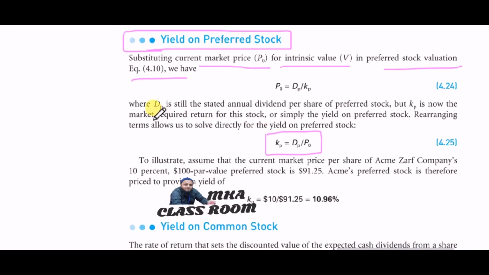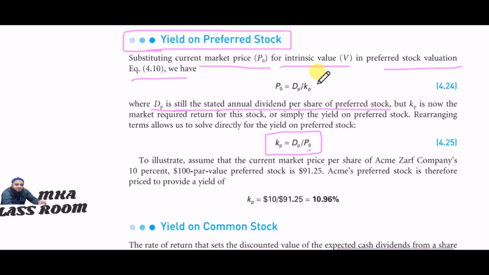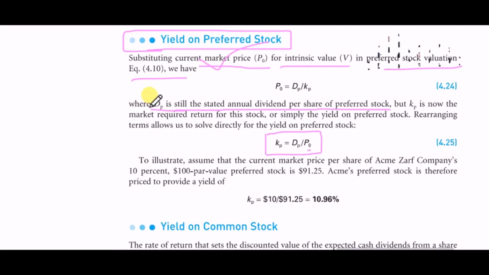DP means the stated annual dividend per share of preferred stock, and P0 equals the value of the preferred stock, or intrinsic value, or market price of the preferred stock.